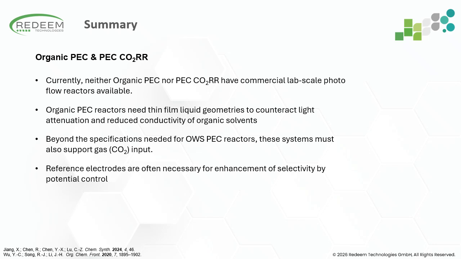PEC CO2 reduction builds on many of the same reactor design principles, but introduces the additional challenge of supplying gaseous CO2 efficiently. For this, gas diffusion electrodes. Finally, in both fields, integrating a reference electrode is often essential, as you can more precisely control the applied potential and therefore influence the product selectivity.